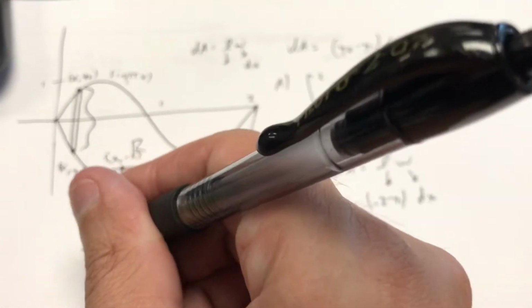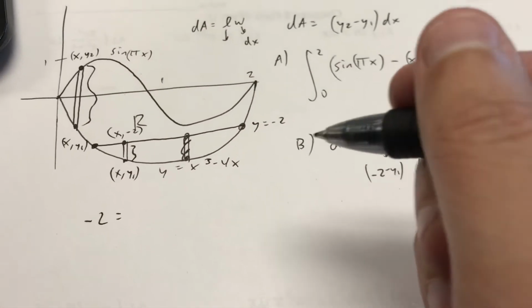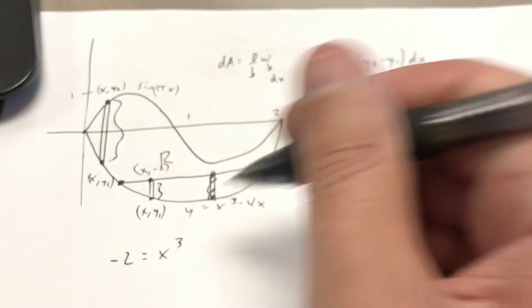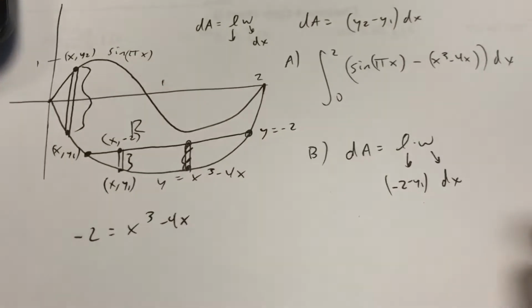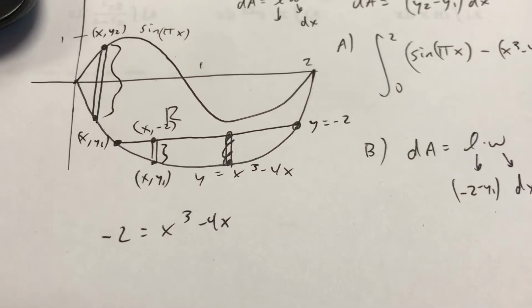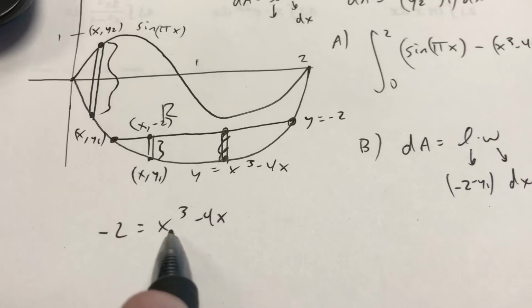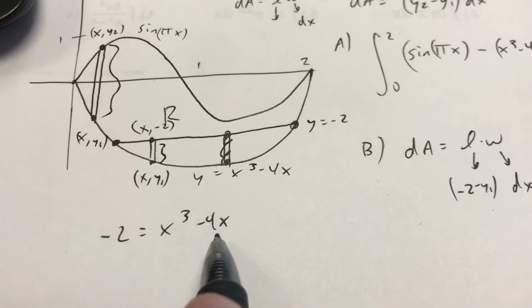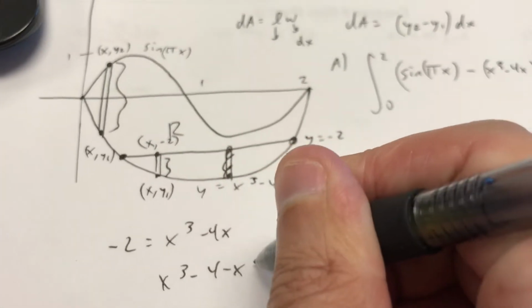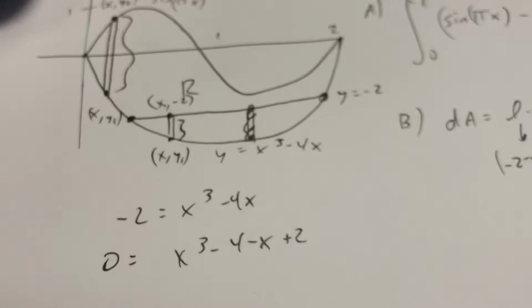We're going to need to set negative 2 equal to that lower function, the x cubed minus 4x function. It might be a whole number of values, but I bet because it's a calculator problem, you'd probably solve it. So you could graph y equals negative 2 and x cubed minus 4x and see where they intersect, or you could move the 2 over and use the 0 function and figure out the intersection points.